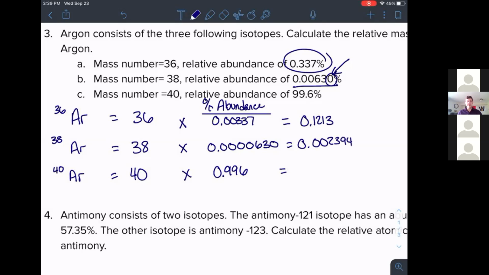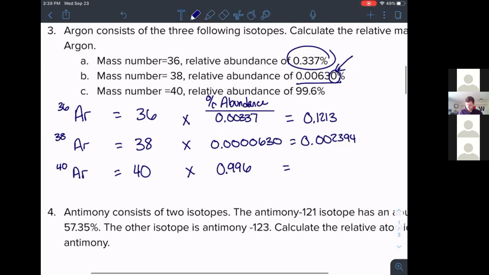And then the last one, 40 times 0.996. 39.84.